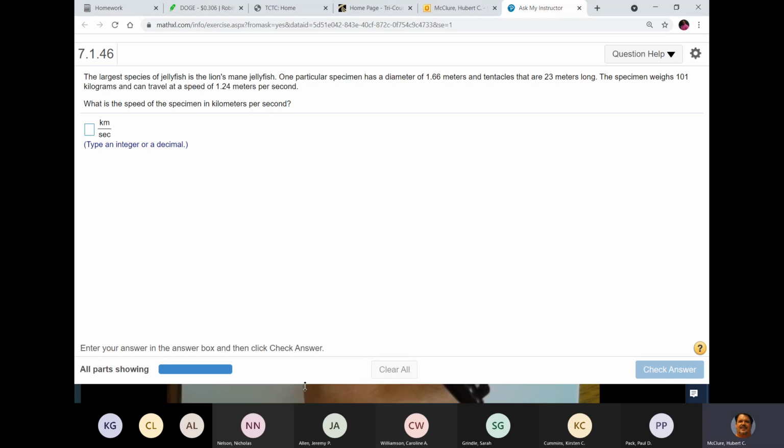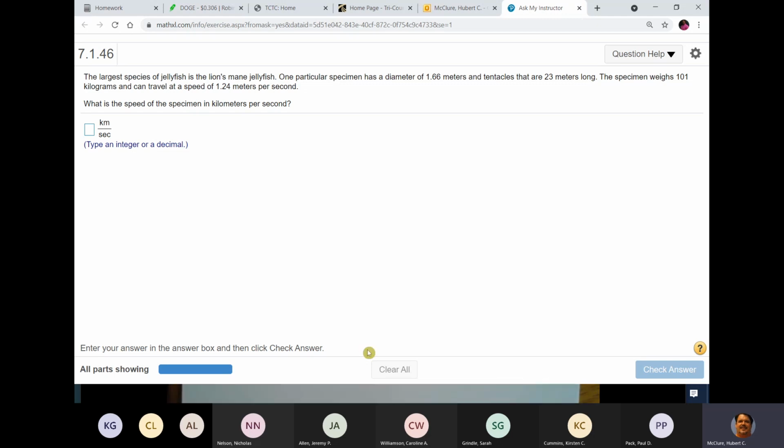The specimen weighs 101 kilograms. And can travel at 1.24 meters per second. And they want to know kilometers per second.